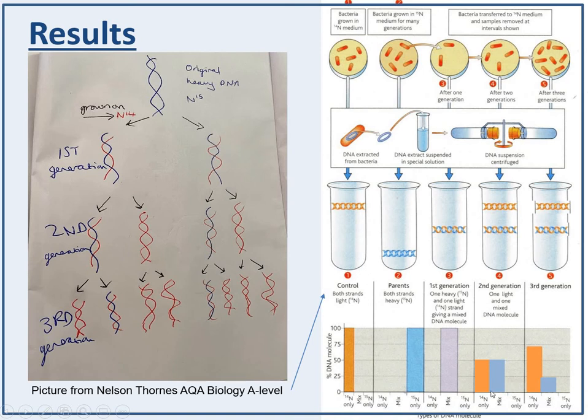So they found that in the second generation it was half and half, but in the third generation it was almost 75% light DNA and only 25% of the half and half.